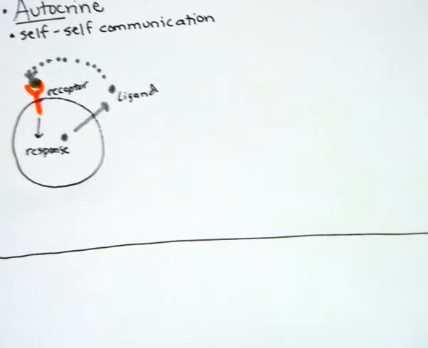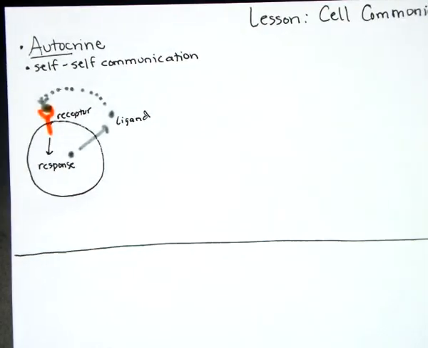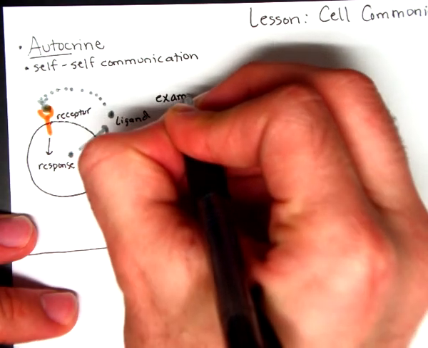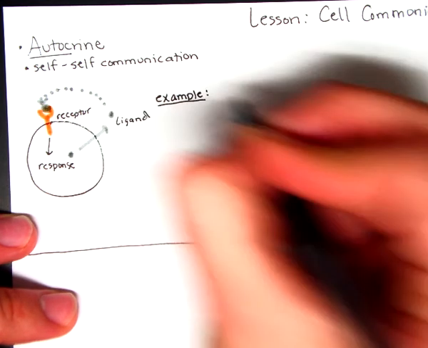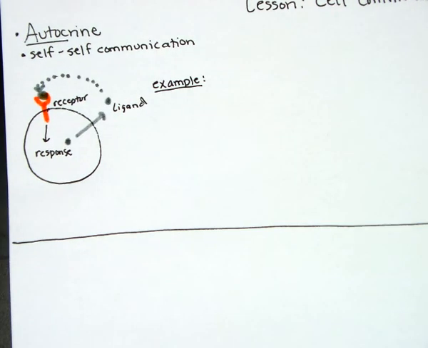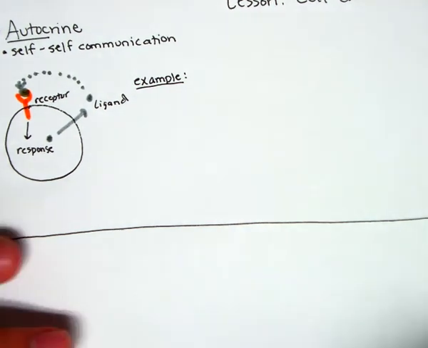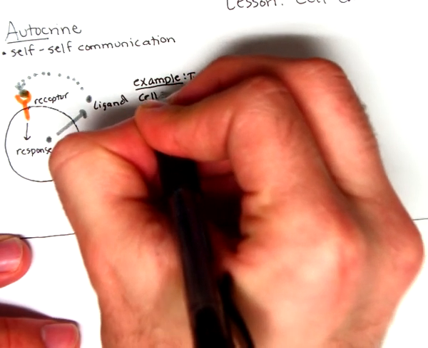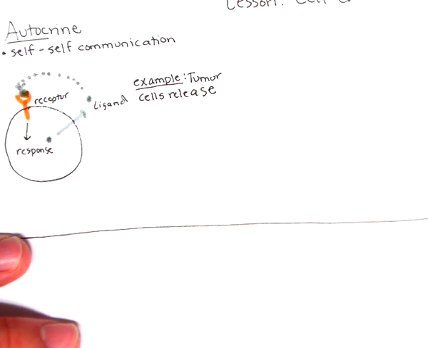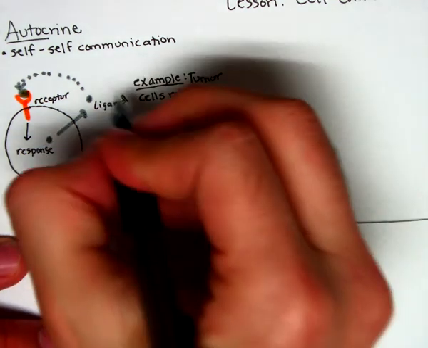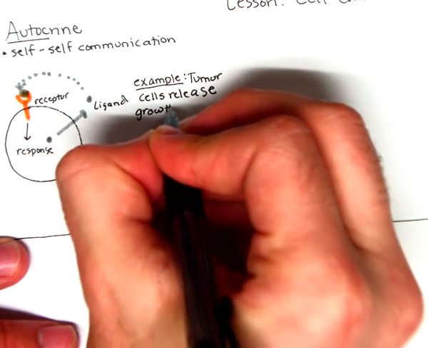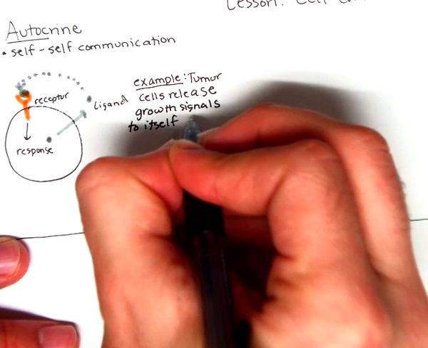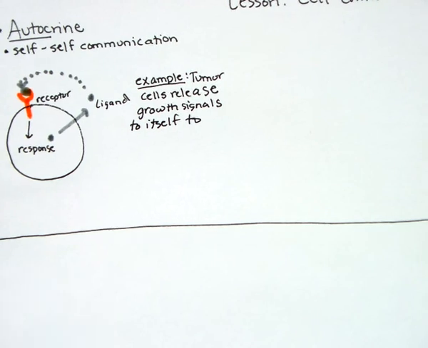Now, one of the most well-known examples of this are tumor cells. So a lot of times, a tumor cell will release growth signals to itself to promote division.